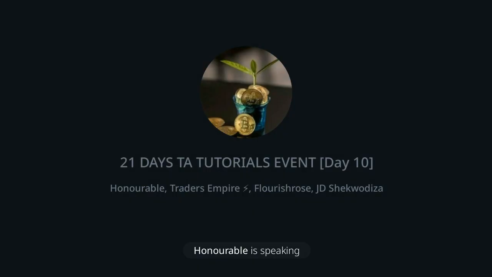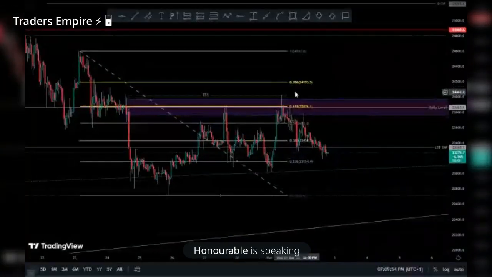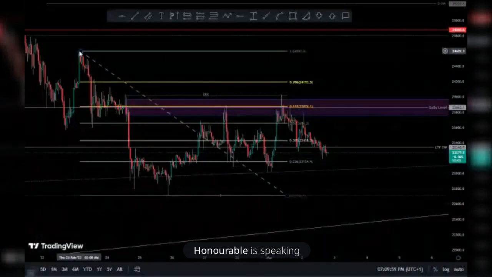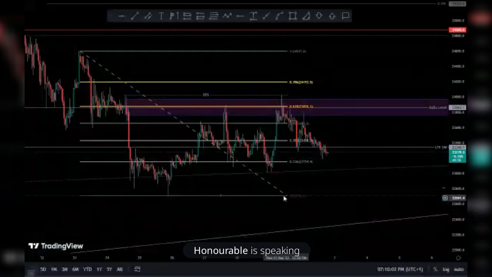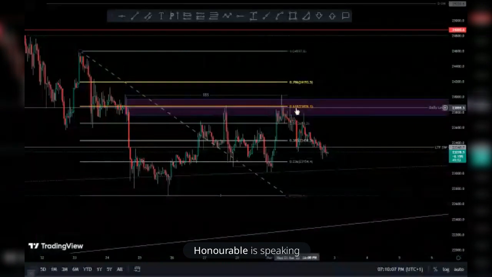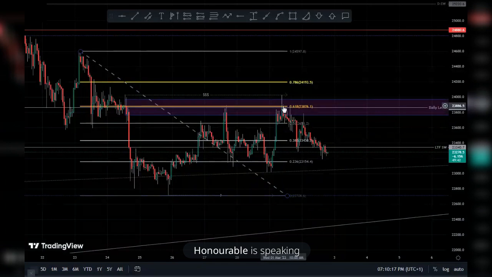Now let's take a look at an example here. We can clearly see on this chart my Fib, which I took from this top to the bottom. You can say this is the golden pocket, the 0.618, one of the most relevant Fib Golden Pocket levels on the chart.